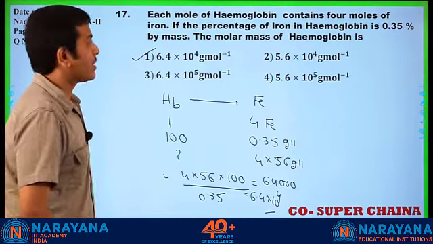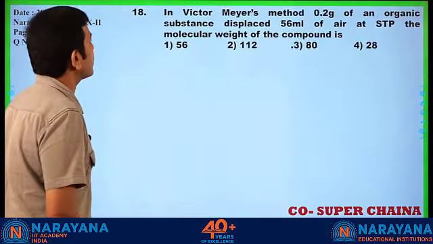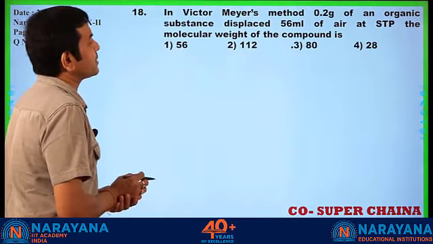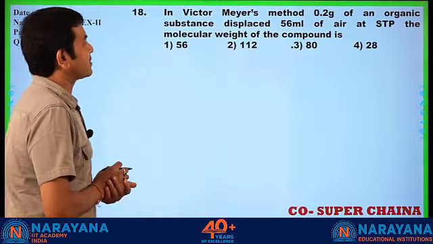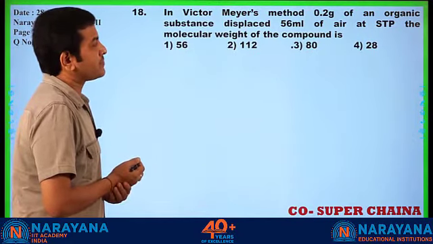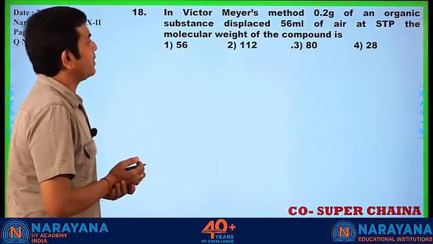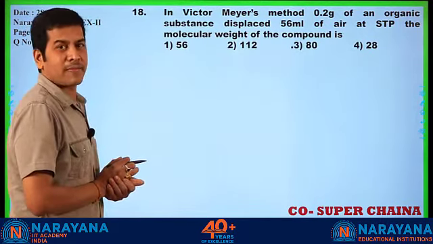Okay. Next question. In Victor Meyer's method, 0.2 grams of an organic substance displaced 56 ml of air at STP. The molecular weight of the compound is?